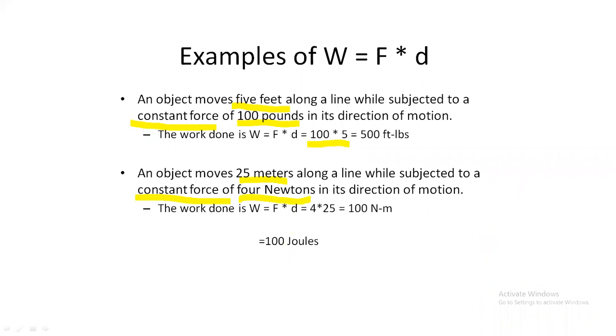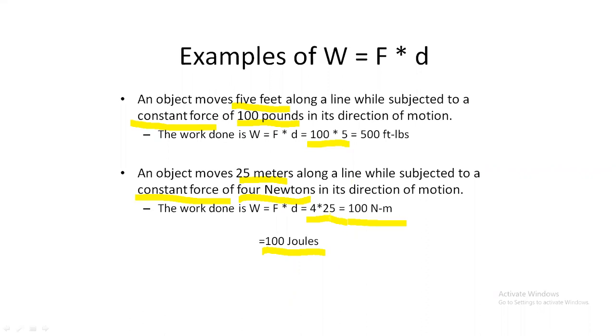Work is just the product of the force and the displacement, so 4 newtons times 25 gives you 100 newton meters. A newton meter is equivalent to a joule, so 100 joules is the answer for the second problem.